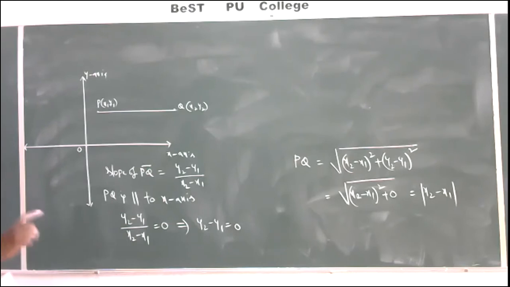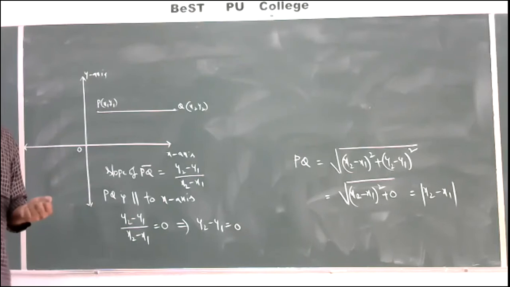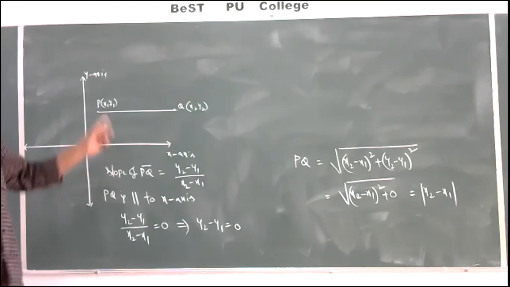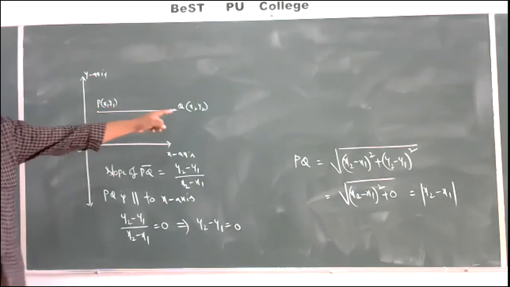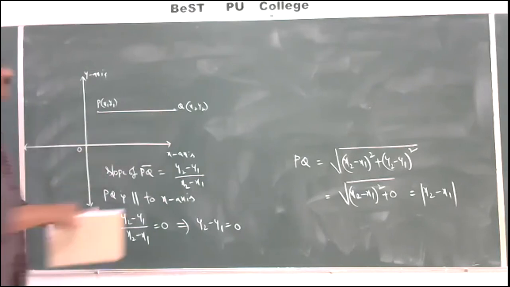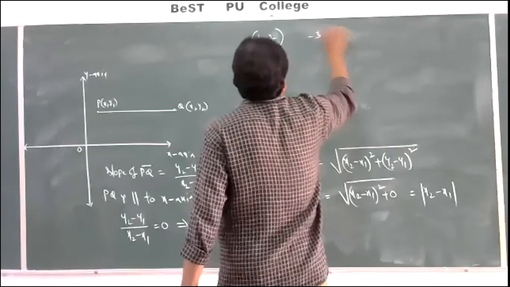These are basic concepts. In many problems, for example, 2 points are given and we require the distance. Just observe both points. If the y coordinates are equal, for example, 1, 2 and minus 3, 2 are given.